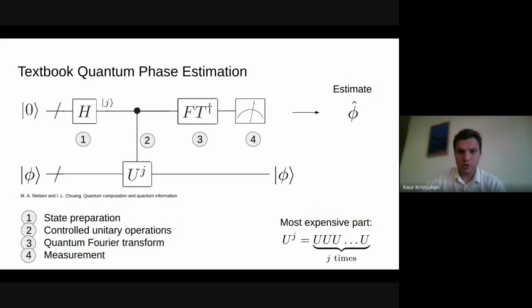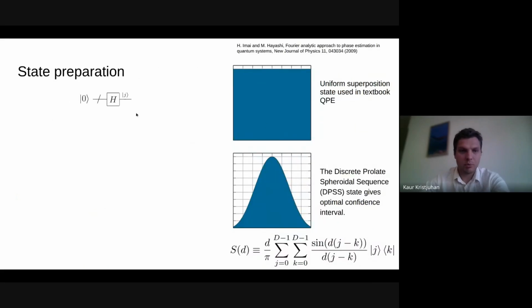And what we're going to do is modify each of these steps. We're going to get improvements on all of them and achieve our goals.